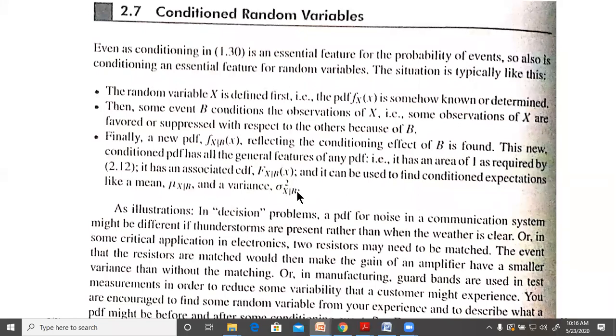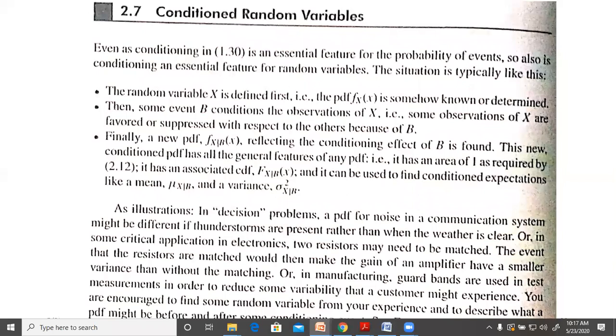X is dependent upon B, or what is the value of x given B because of its dependence, is what we might be considering. For some examples, you can have a situation where we are considering a communication system with noise. The PDF of the noise in the communication system might be different if thunderstorms are present rather than when the weather is clear.